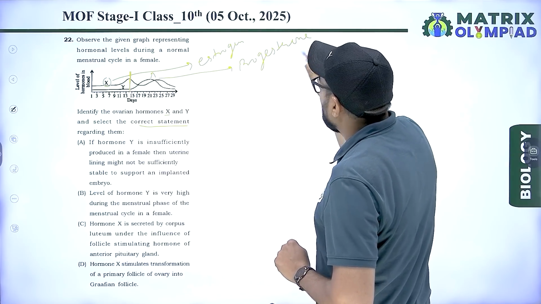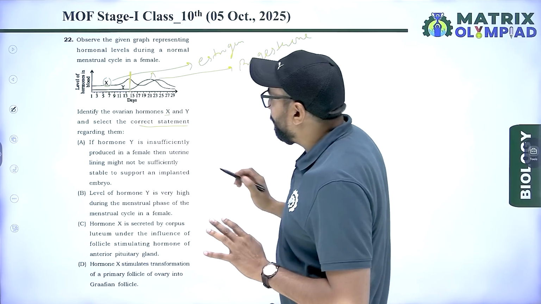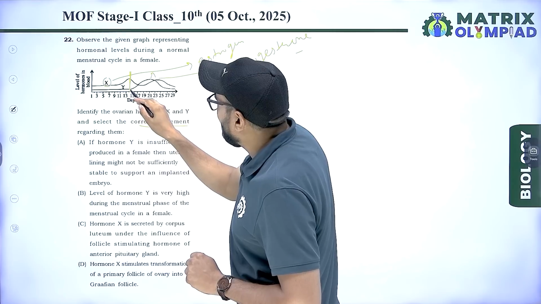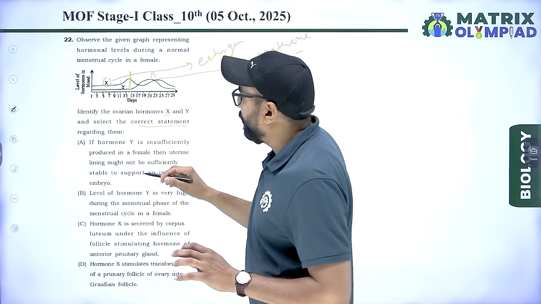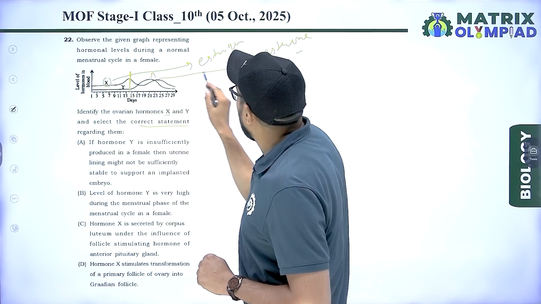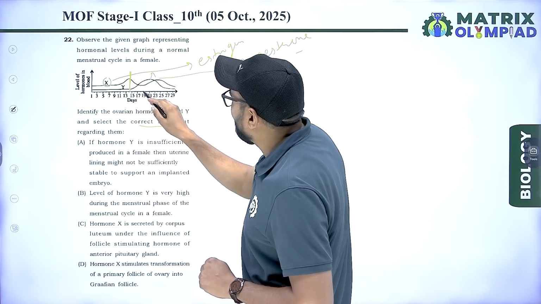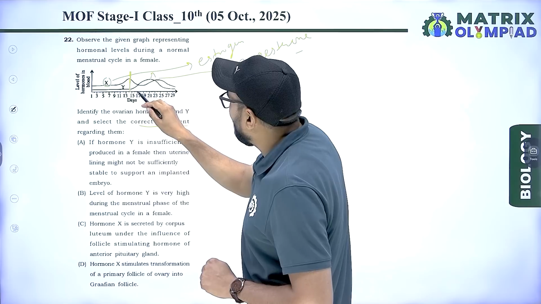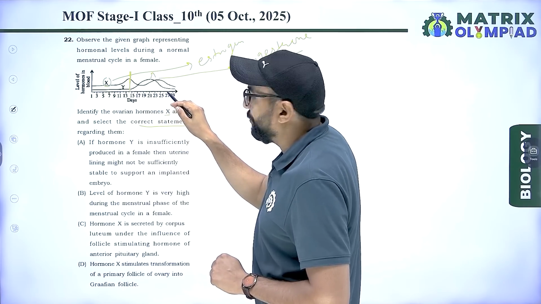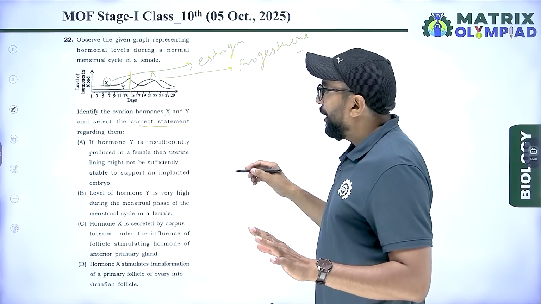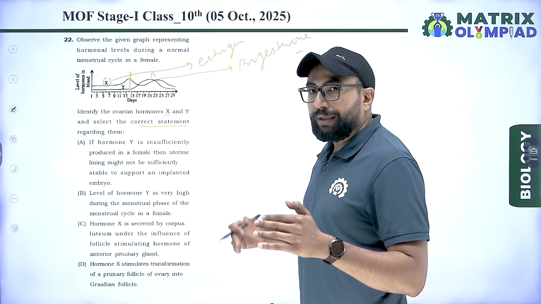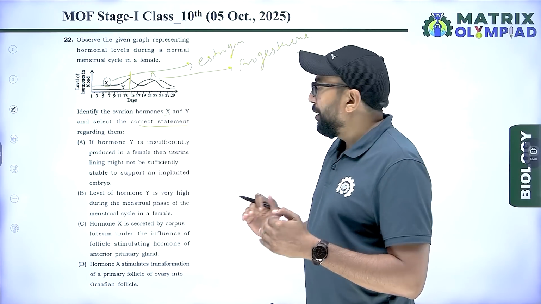If X increases around the 14th day, then ovulation starts. If progesterone, hormone Y, increases during days 17 to 25, the lining of the uterine endometrium is repaired.